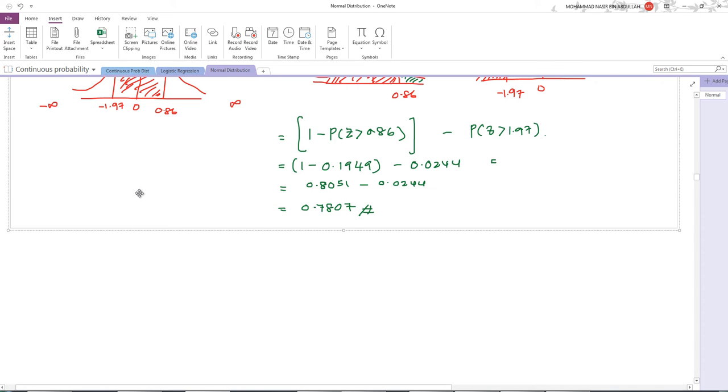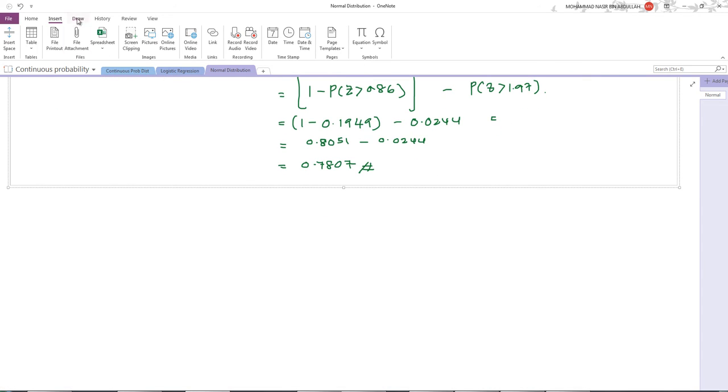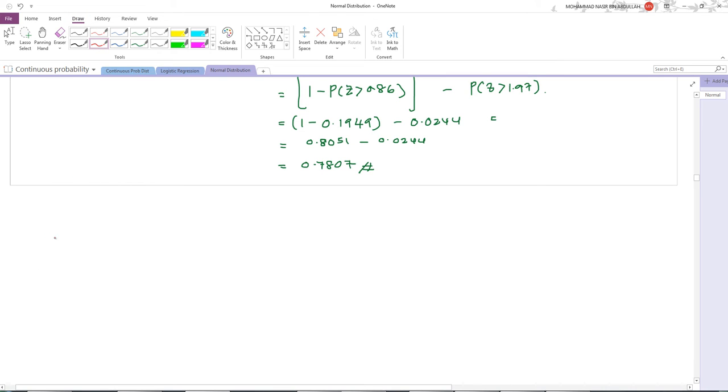If you are using a calculator, you just need to confirm that whatever working you did is the same as the calculator. So in the calculator, look carefully, this is the area of the normal distribution curve. In the calculator, they divide it into 3 areas. This area we call the P area, this area we call the Q area, and this area we call the R area.